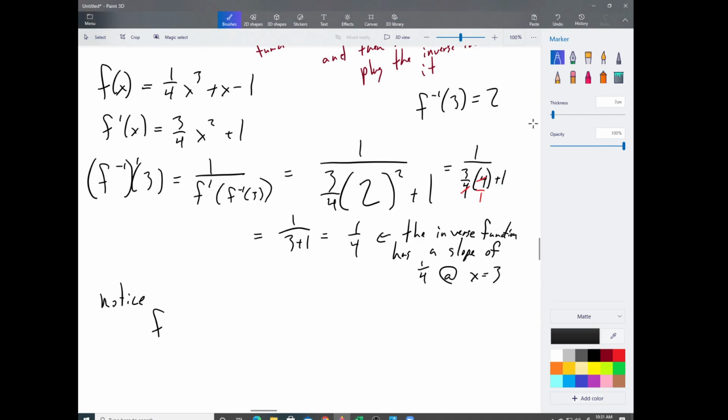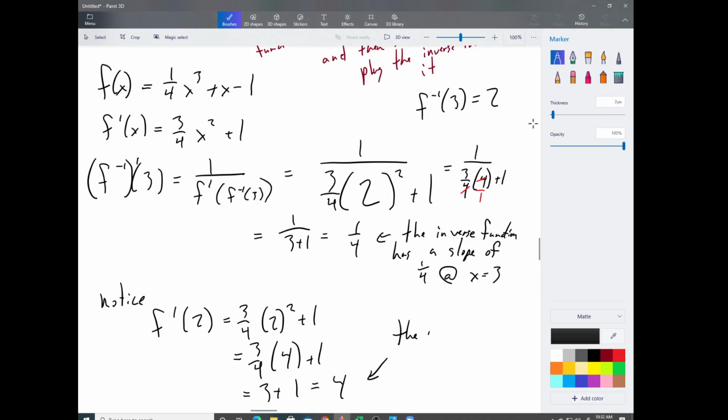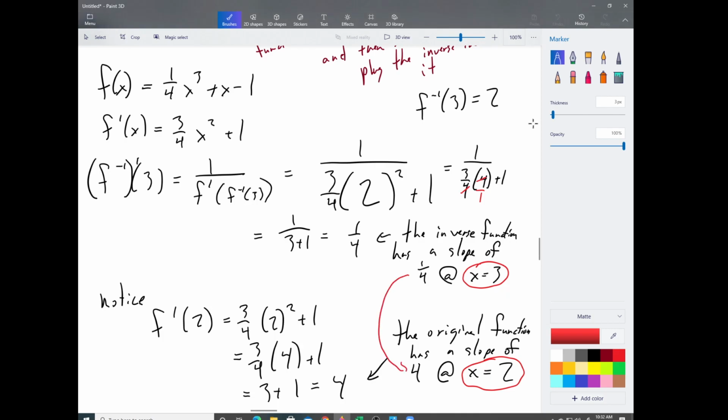And notice if I plug in the number that's paired with the 3, the 2, into my original function, what happens here is when you switch your x and your y as you go between your inverse function and your original, your slopes flip.